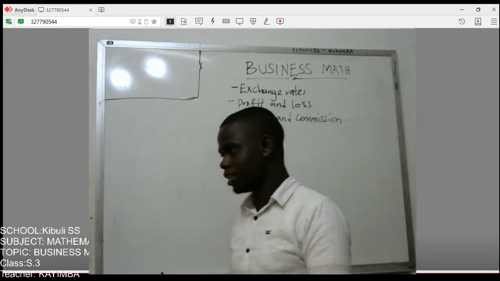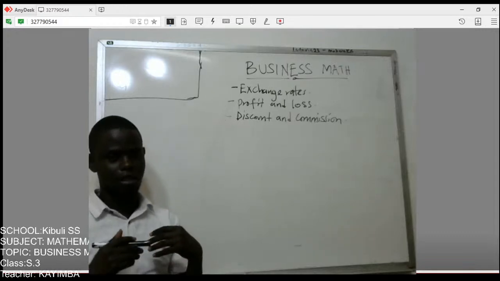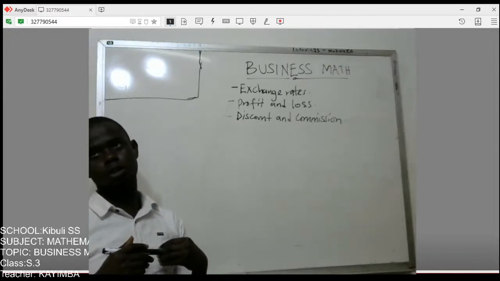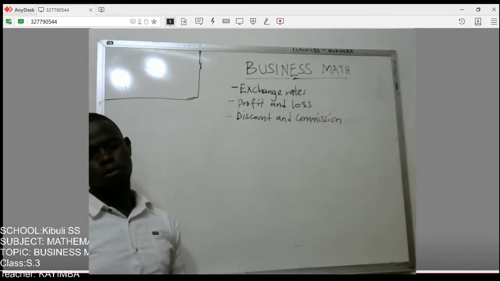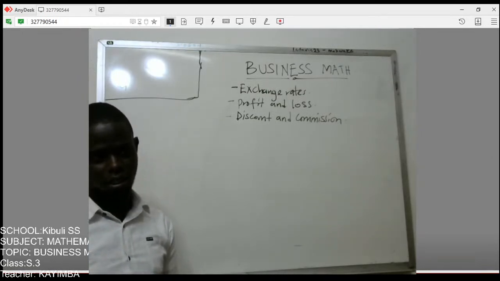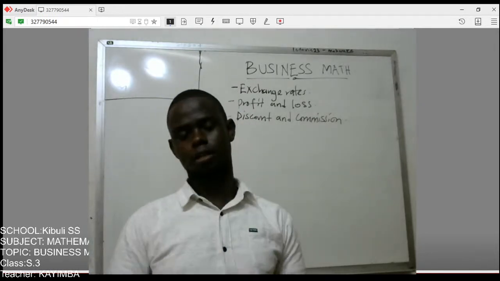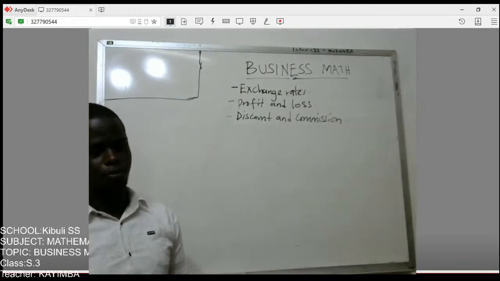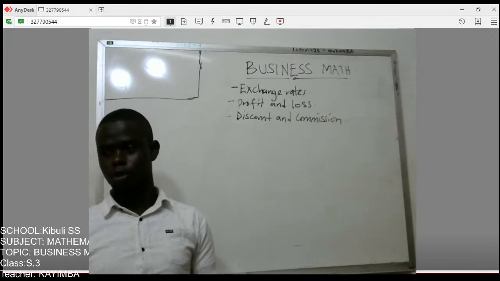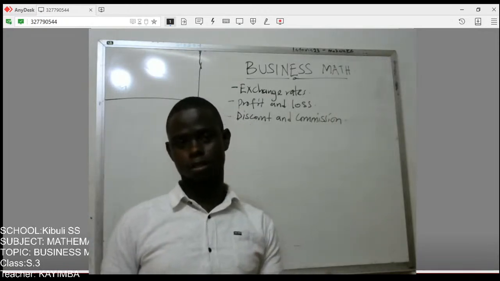So there are different currencies, but how do you change the currency? Let me assume that you're going to import things from a different country. You're not going to go with your Ugandan money to buy things in that country. Let's say you're going to the United Arab Emirates, specifically to Dubai city, to buy things and import them to Uganda. When you reach there, they have their own currency in which they do transactions.